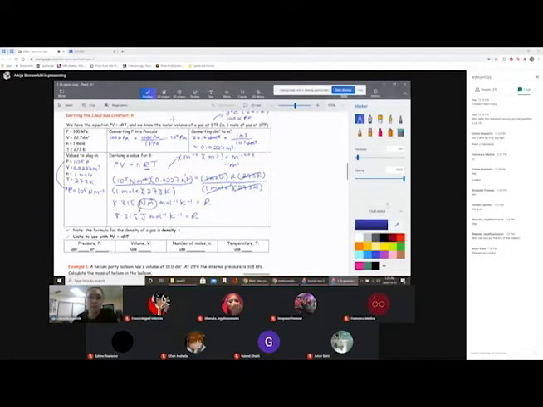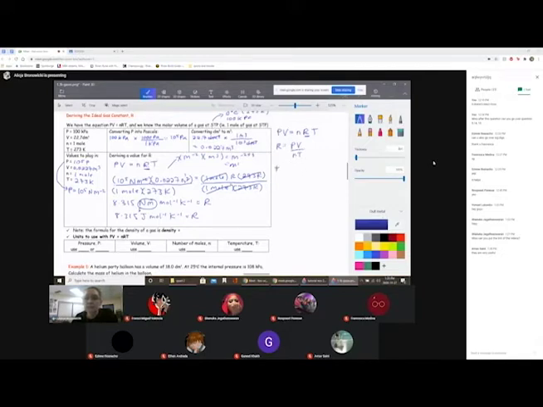The volume of 1 mole of a gas at standard temperature and pressure. Let's use the values that were given over here. PV equals nRT, and we're going to isolate R. So R equals PV over nT.